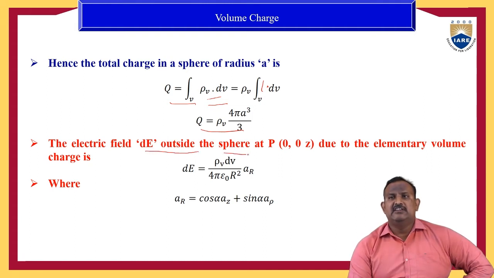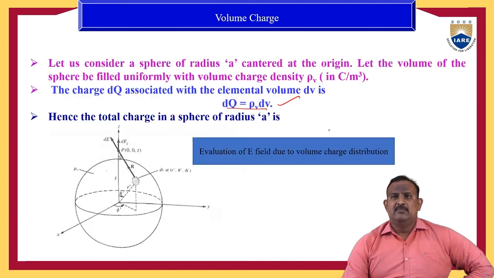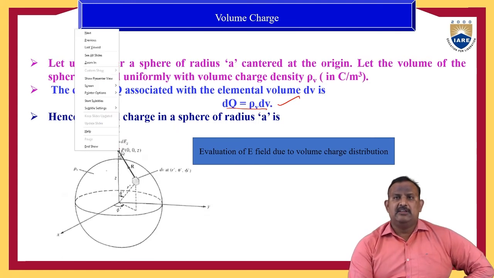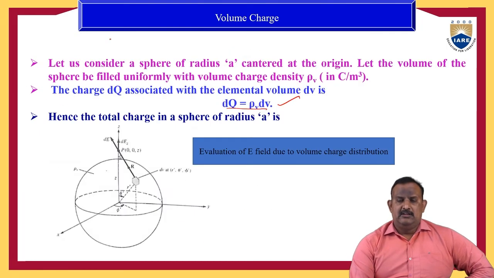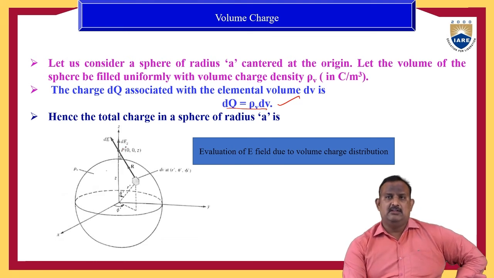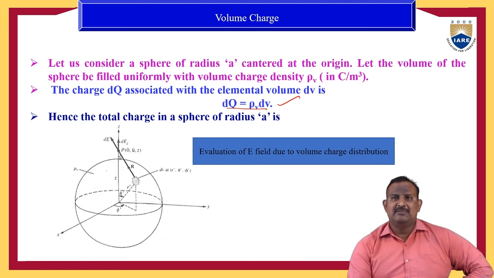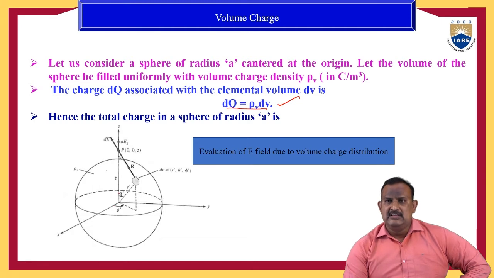Next, here we need to calculate the electric field intensity dE, which is located outside the sphere at a point P equal to (0, 0, Z). To calculate that, please go through the figure. So here in the figure, the point P is located outside the sphere. The point P has the coordinates of 0, 0, Z, because the total charge is along the Z axis.